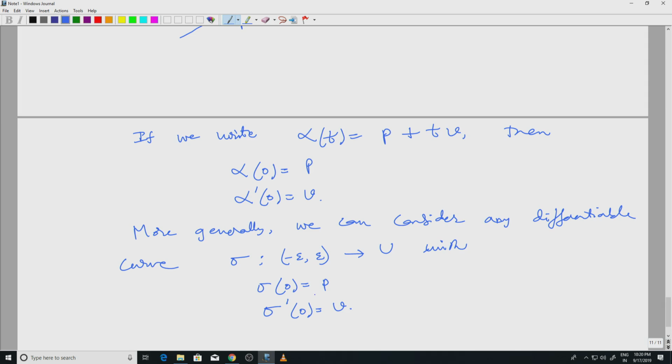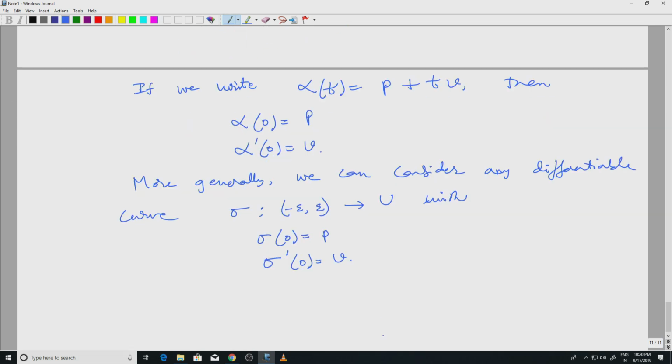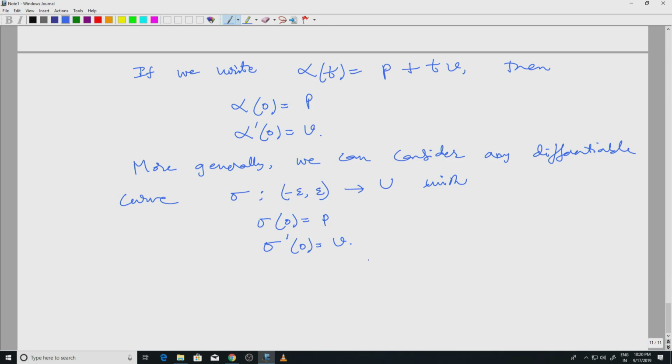Now, what do I mean by differentiable curve? A curve by definition is a map from an open interval into whatever the target is. If I say curve in U, all I mean is that the domain of that function is an interval. By differentiable, we already have the notion of differentiability of a function from Rn to Rm, so I can use that, but I really do not need to worry about it, because this is a function of one variable.